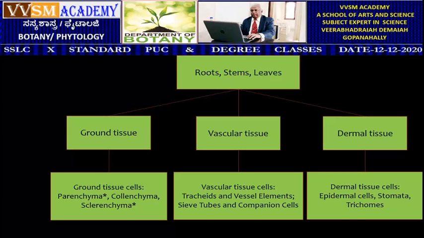These are the trio of tissues in the plants. Vascular tissue cells: tracheids and vessel elements, and how they function in the plant, and sieve tubes and companion cells. Dermal tissue cells: epidermal cells, stomata and trichomes are the important parts of the plant which are responsible for the function.